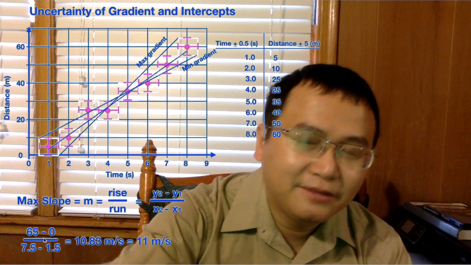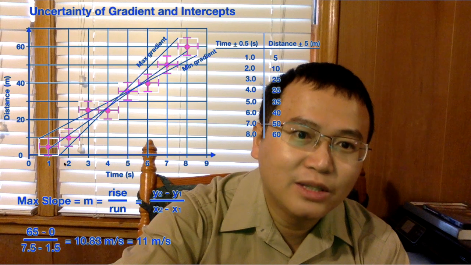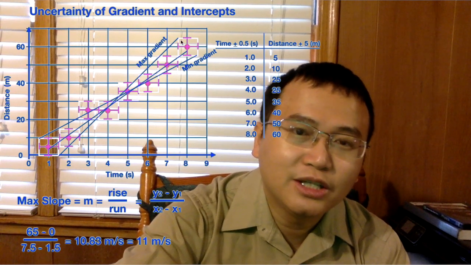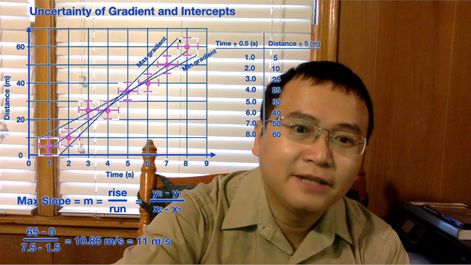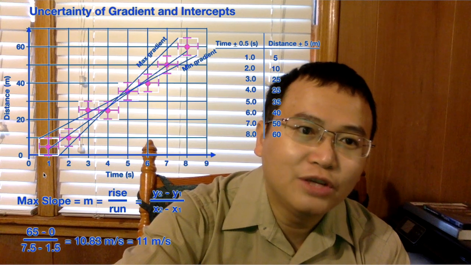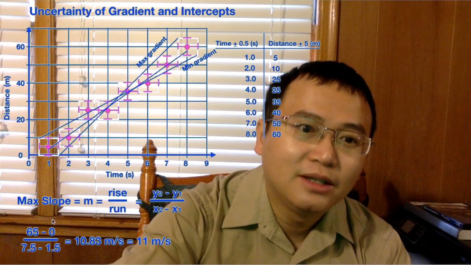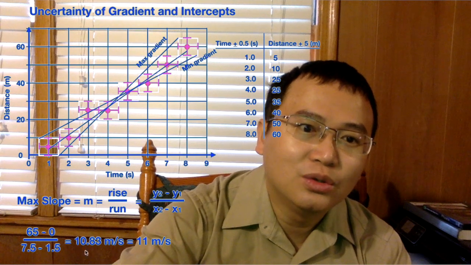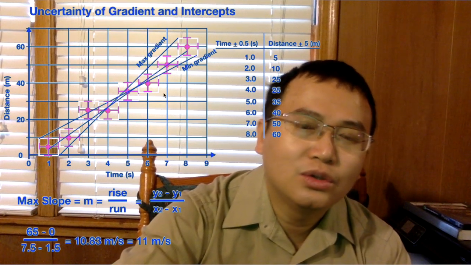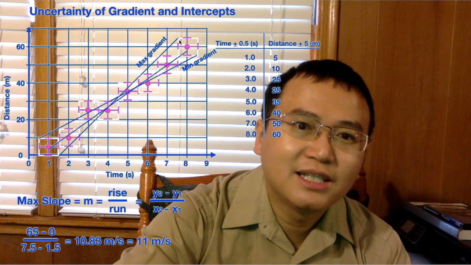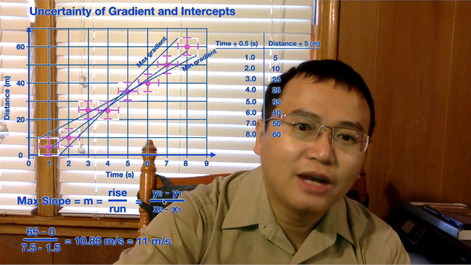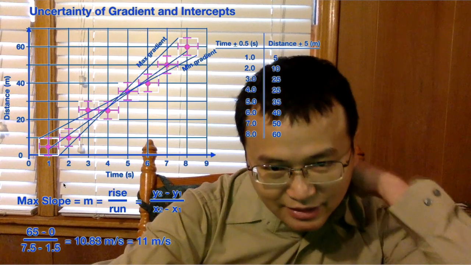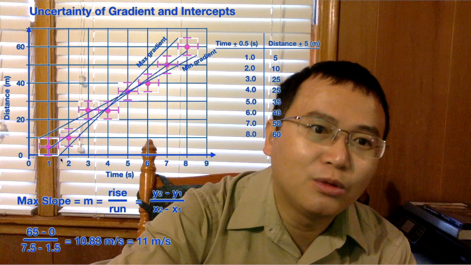Starting with y2, y2 is up here, which is 65, and y1 is over here, so you get 0. And this is x2, that's 7.5, and then x1, the second data point, is 1.5 right here.